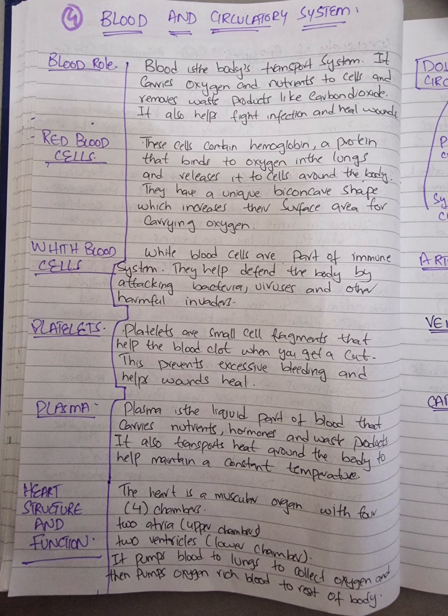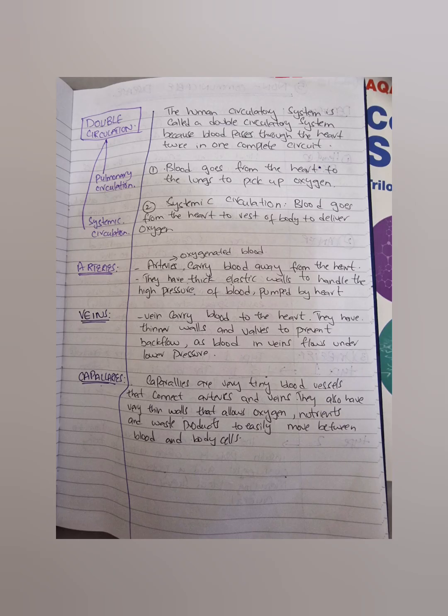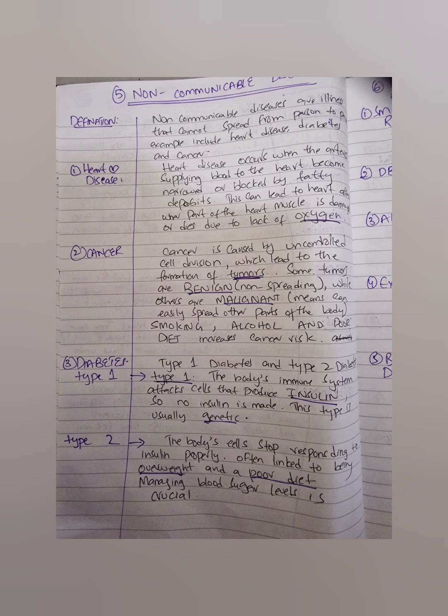And the capillaries are very tiny thin blood vessels. They connect with the arteries and veins. And why are they thin? Because they allow oxygen, nutrients and waste products to easily move between the blood and the body cells.